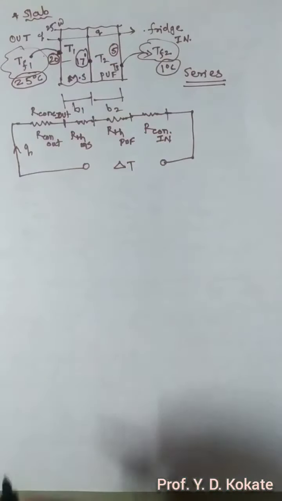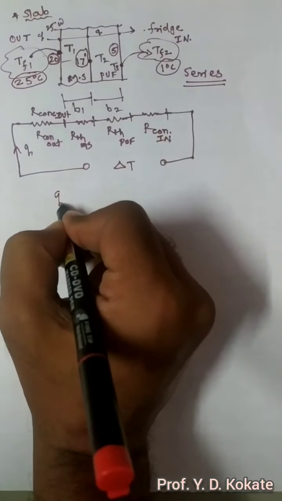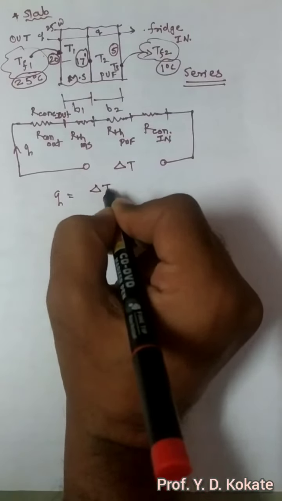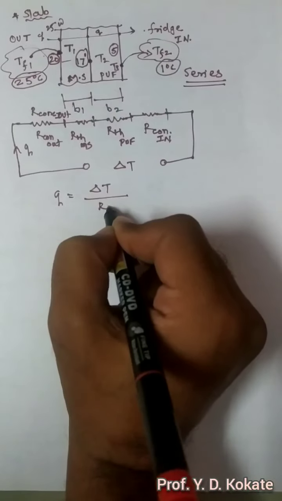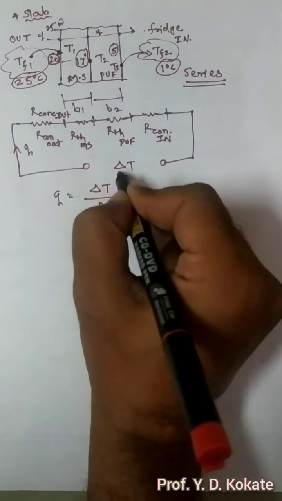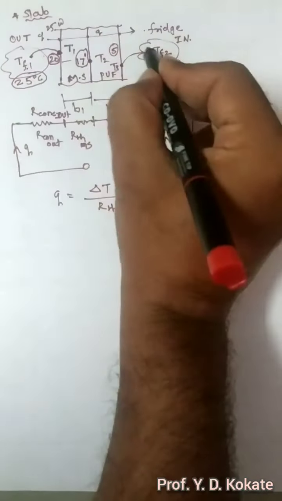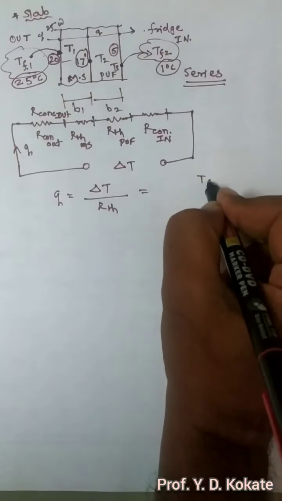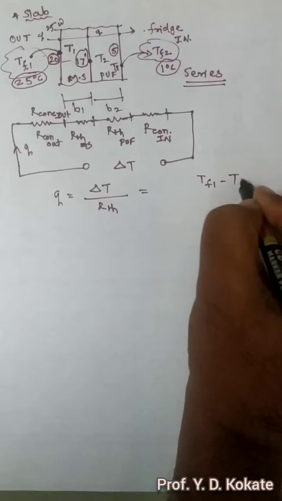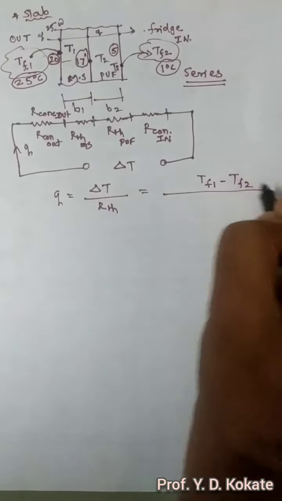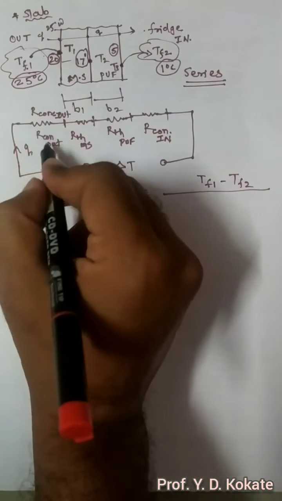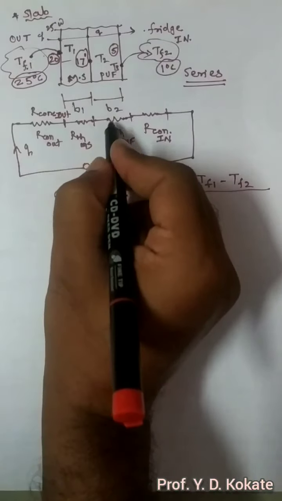So how to find it out? Already we know that Q is nothing but delta T upon RTH. So what is the delta T over here? Delta T is nothing but TF1 minus TF2. So TF1 minus TF2, your temperature difference, divided by how many resistances are there? 1, 2, 3, 4.